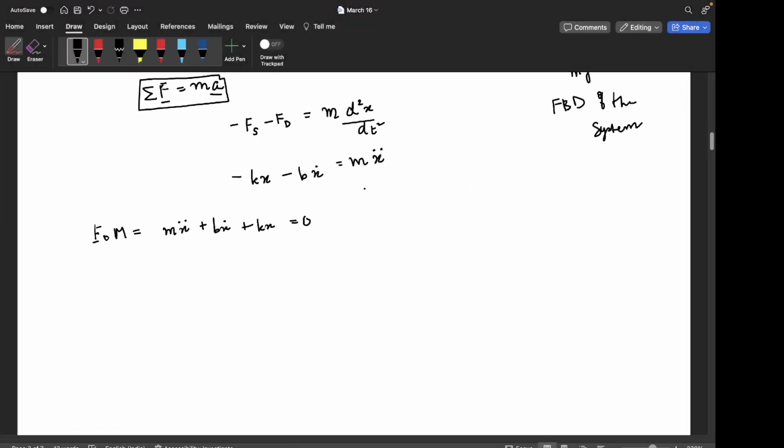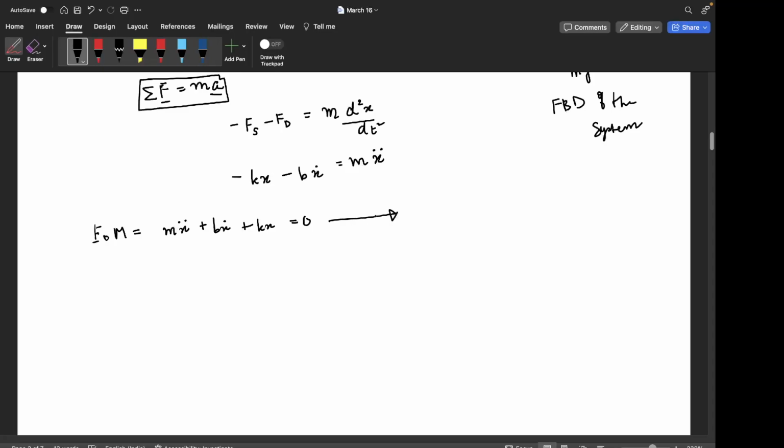So this is the case when there are no other forces on the system than the spring and the damper. Okay, now, so this is which type of equation?